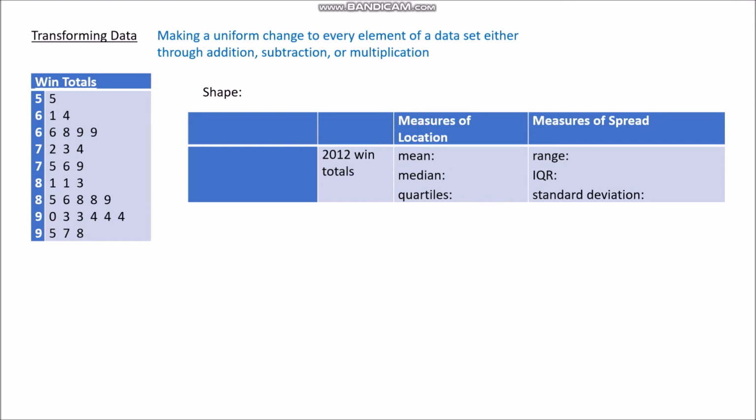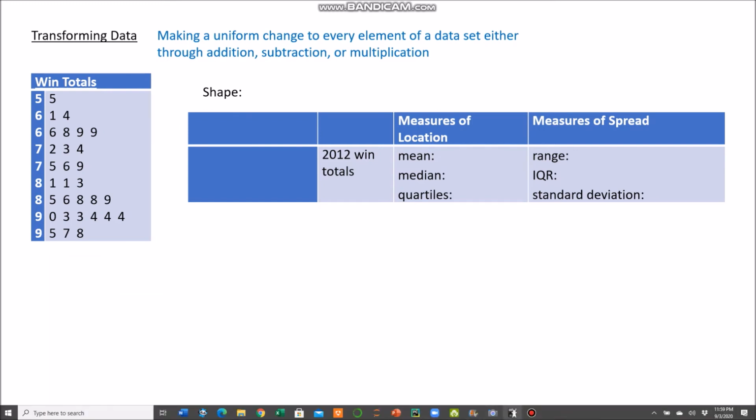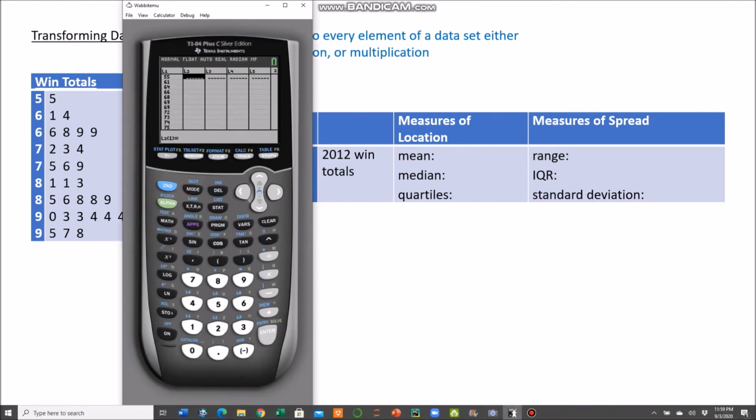All right, so let's look and see what our starting point is. We have a stem plot here of the win totals for the 30 Major League Baseball teams back in 2012. Let's figure out their measures of location and spread. If I go into stat edit and key in all 30 teams, we've got them keyed in there.